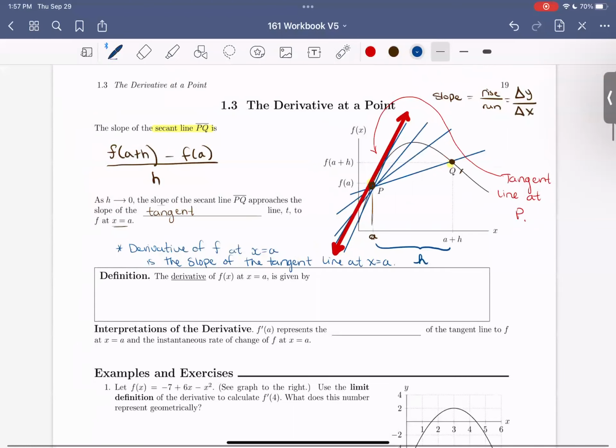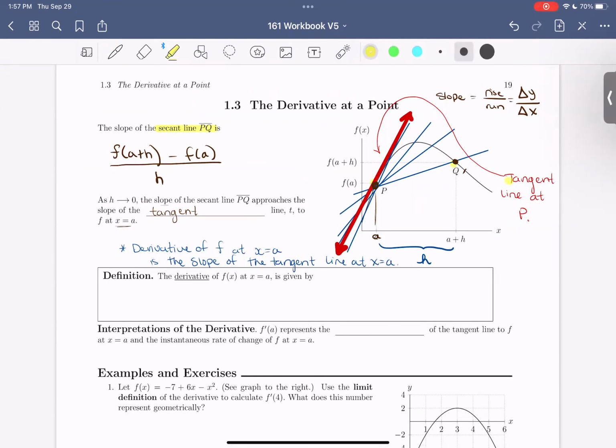Here I've drawn that tangent line, and the slope of this line is the derivative at that point. Notice we're focusing in on a particular point on our curve.